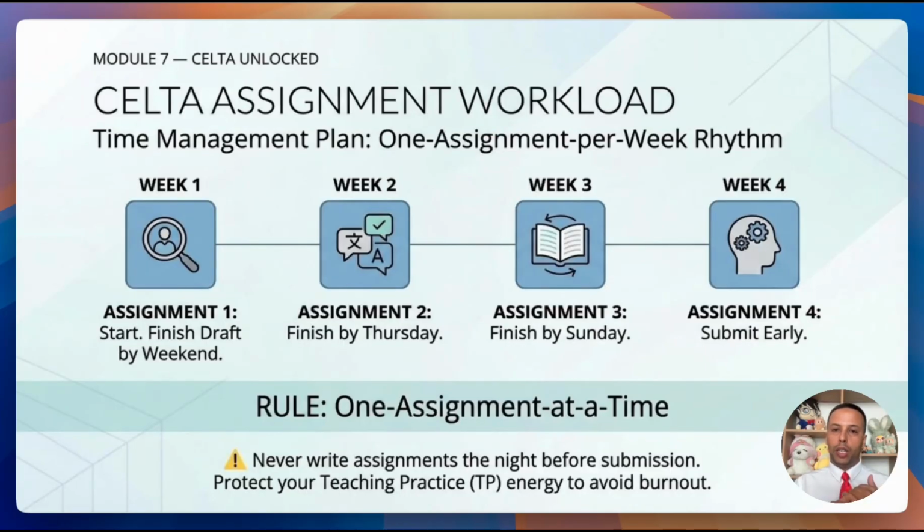Finish your draft by the weekend. Week 2, assignment 2: finish by Thursday. Give yourself time to check accuracy. Week 3, assignment 3: finish by Sunday. Week 4, assignment 4: submit early. Don't leave it to the last moment because you may have a resubmission and then you're going to struggle.